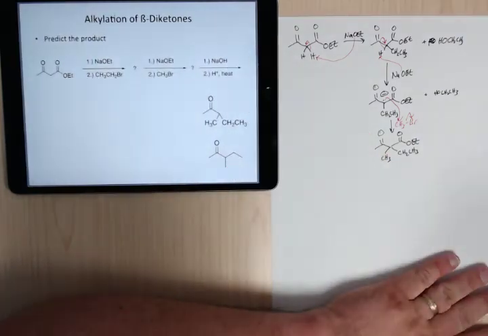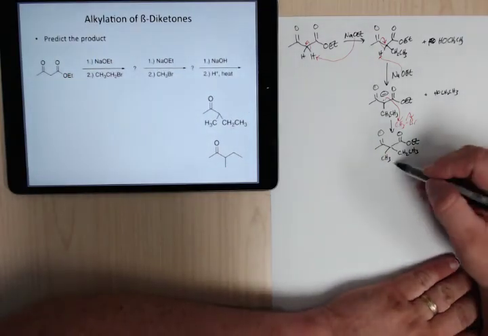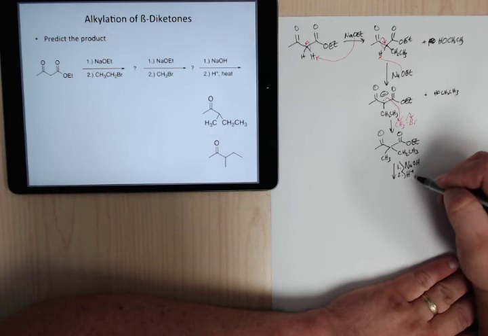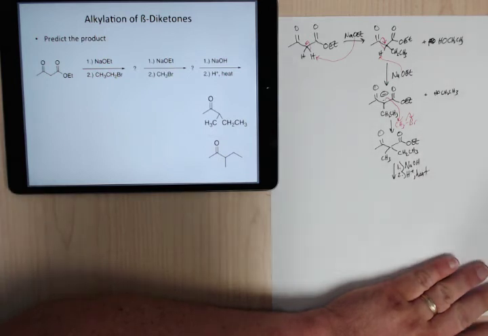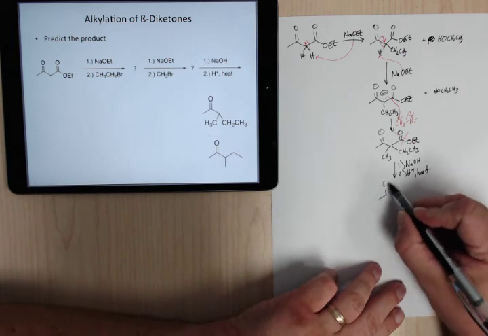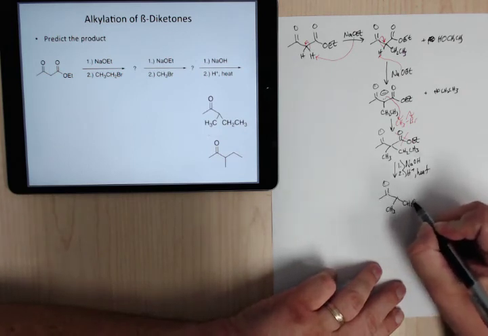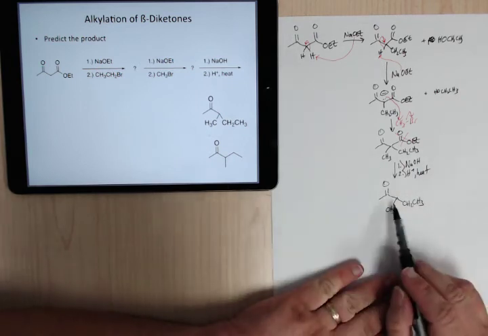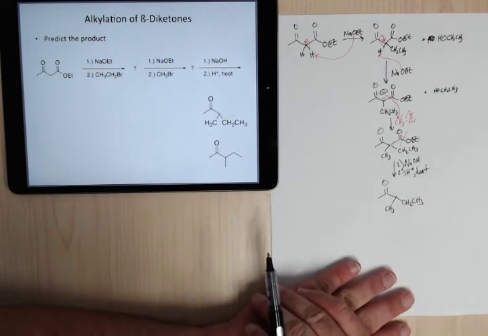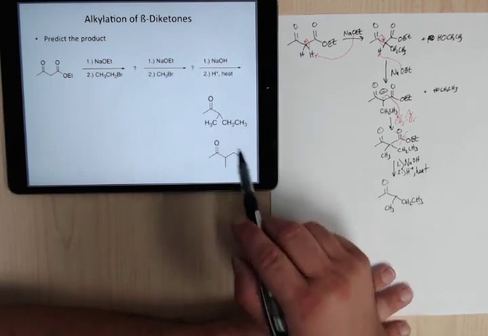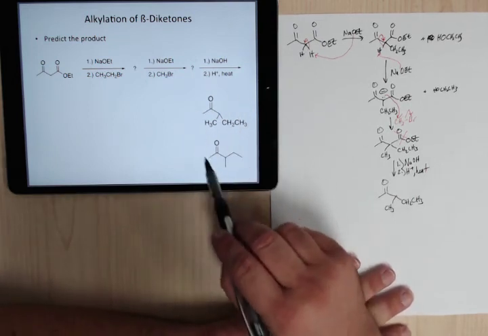So if we did the same thing and we did that process where we said, okay, we're going to do sodium hydroxide and then acid and heat, we're just getting rid of that. And so we'd end up with, if you want to draw it like this, that's fine. It just gets rid of the ester there. So you'd end up with this. If you want to get fancy and redraw it, it would look like that. Okay?